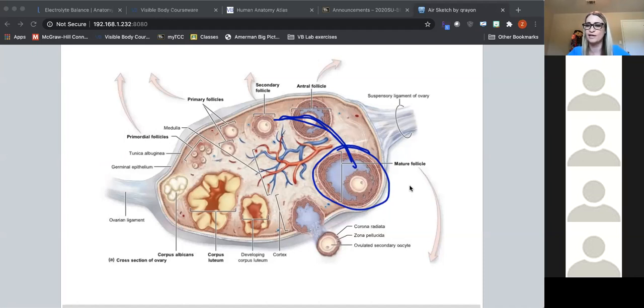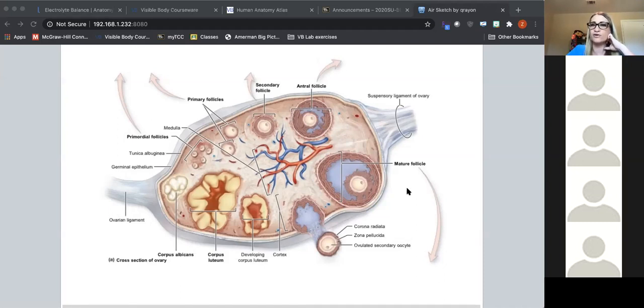Sometimes people think that the polar body being fertilized could get you fraternal twins. No, okay, the polar body dies. The polar body does not get fertilized. The way you get fraternal multiples is you get more than one of those mature follicles that release oocytes, okay?